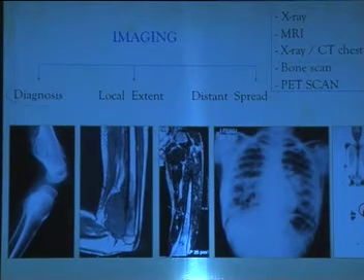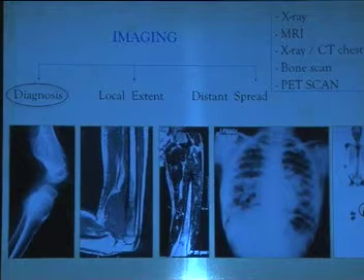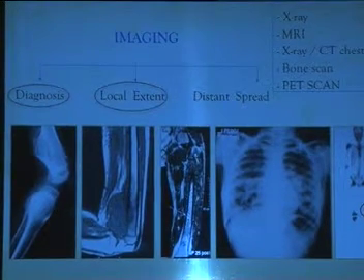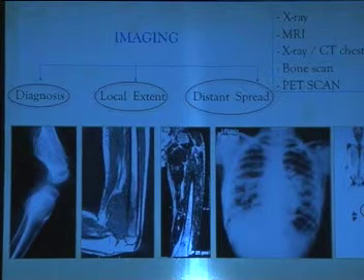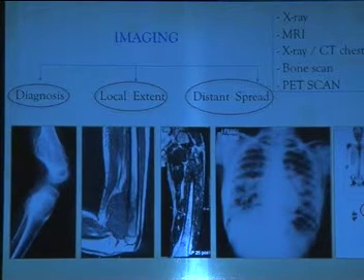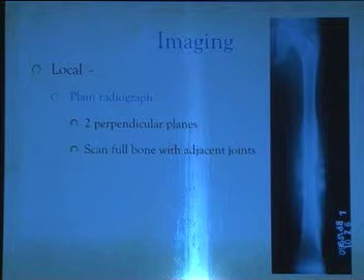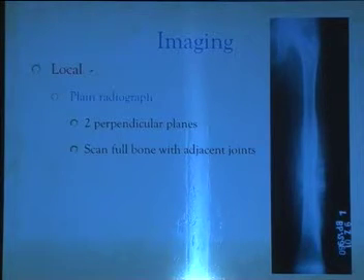Coming to imaging, imaging gives us three very, very important things which have already been discussed, but just to enumerate: the diagnosis, the local extent of the disease, and the distant spread. So if we look first at the local extent of the disease, first and foremost, as we discussed in the morning, but I am repeating it because it is so important, X-rays taken in two perpendicular planes scanning the full bone can give you a lot of information.